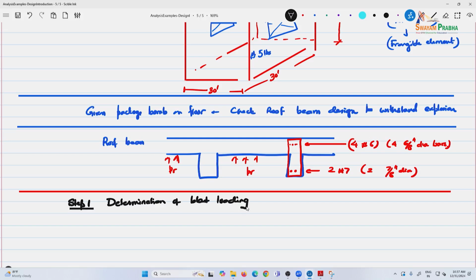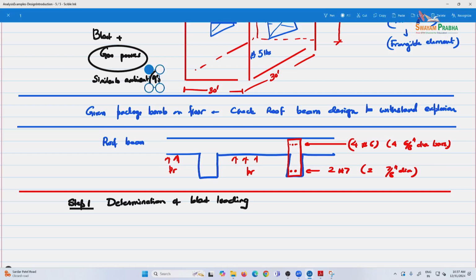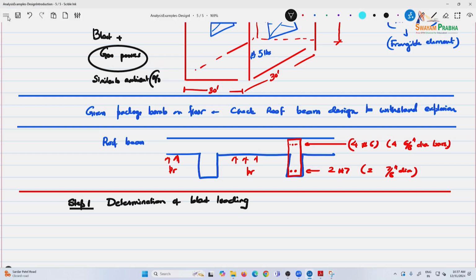Now what you have is a blast loading in an internal room, so you have blast plus gas pressures due to the build up, equivalent to the ambient dynamic pressure Q naught, so the loading is going to be similar.